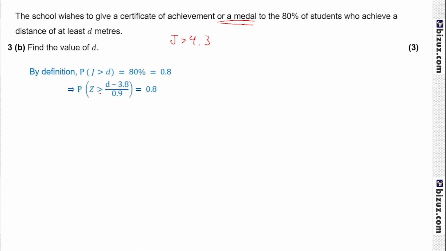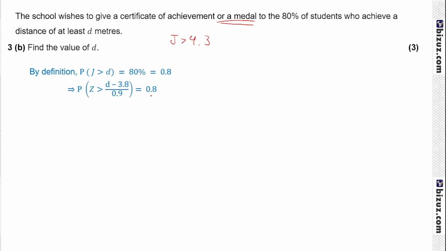So if we convert this to our standard normal distribution, we get the probability of Z being greater than (d minus 3.8) divided by 0.9. So d minus the mean divided by the standard deviation, and this is going to be equal to 0.8.